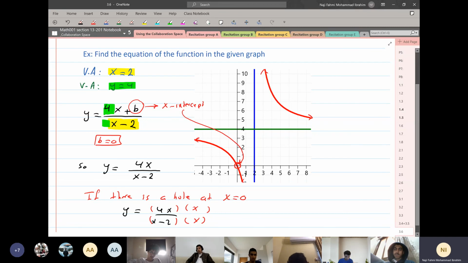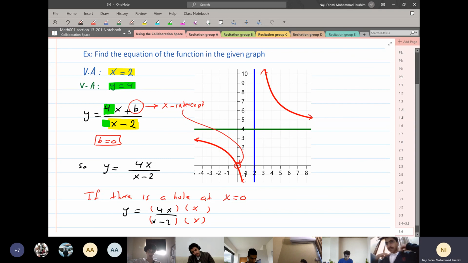We cannot have a vertical asymptote and a hole at the same point. X equal 2 is a vertical asymptote. The function is not defined there. I'm saying if there's a hole in the graph, what should I do to the function? At x equal 2, it's already given to me as a vertical asymptote. So I cannot assume there's also a hole at x equal 2, because there's already a vertical asymptote. So you cannot put a hole at the vertical asymptote at the same value for x.